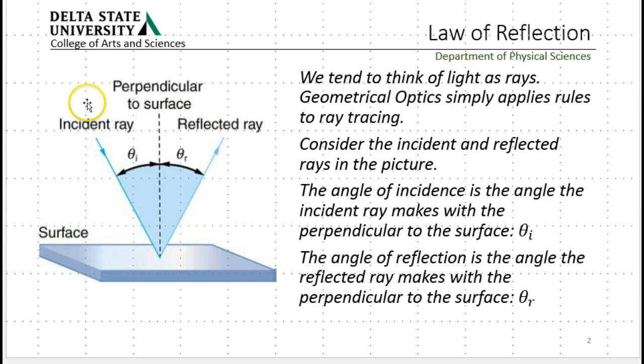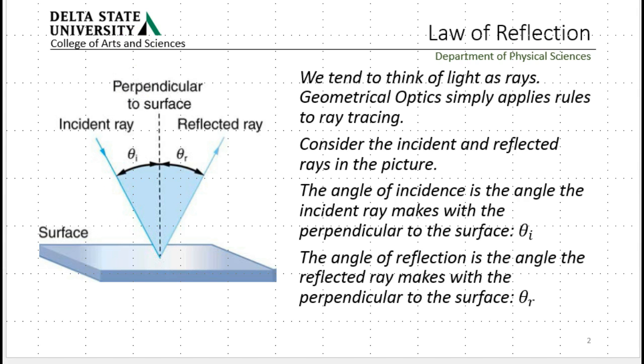The angle here is the angle perpendicular to the surface, right? And we use the angle perpendicular to the surface because the surface might not be flat, the surface might not be symmetric around this point, in which case the angle with the surface isn't as well defined as the angle perpendicular to the surface.